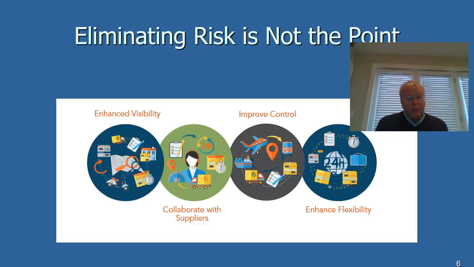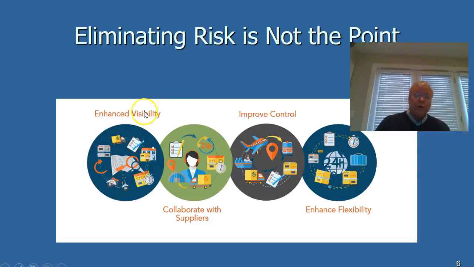Risk mitigation is having the ability to see what's taking place within the supply chain and who the parties to those transactions are, and collaboration with your suppliers, which involves two-way information sharing, which of course exposes data files to potential cyber attacks.